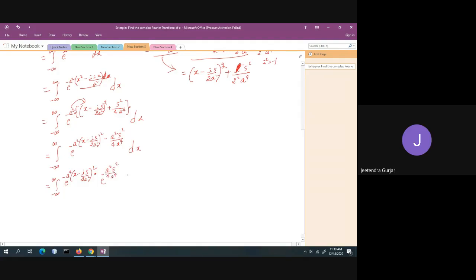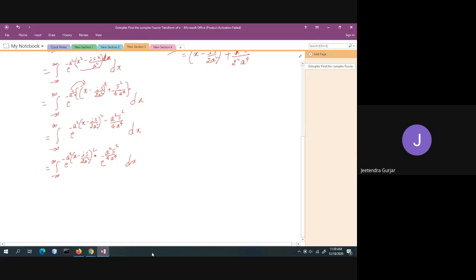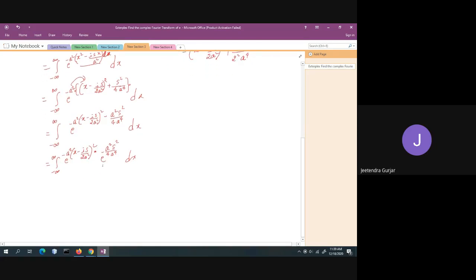So law of indices, I think you know. I can take out the separate powers of e. So now in this you can see this is a constant term, so I will take it outside. So this is equal to integration minus infinity to infinity. Okay, I have to take this common, that is the constant, e raised to minus a square.